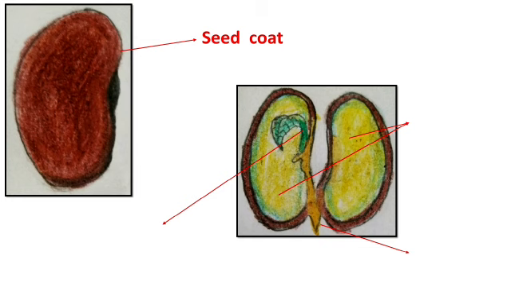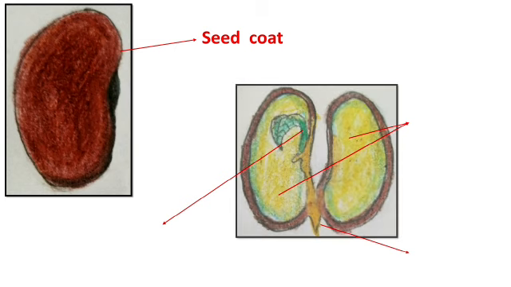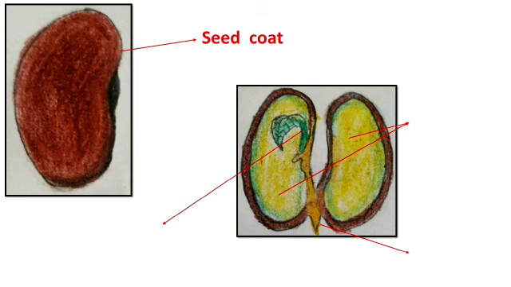Now when you cut the seed in 2 halves, you will be able to see the same picture as shown here. So you can see 2 yellowish parts of the seed, and that is the cotyledon. A cotyledon is described as a seed leaf that stores food for the baby plant.